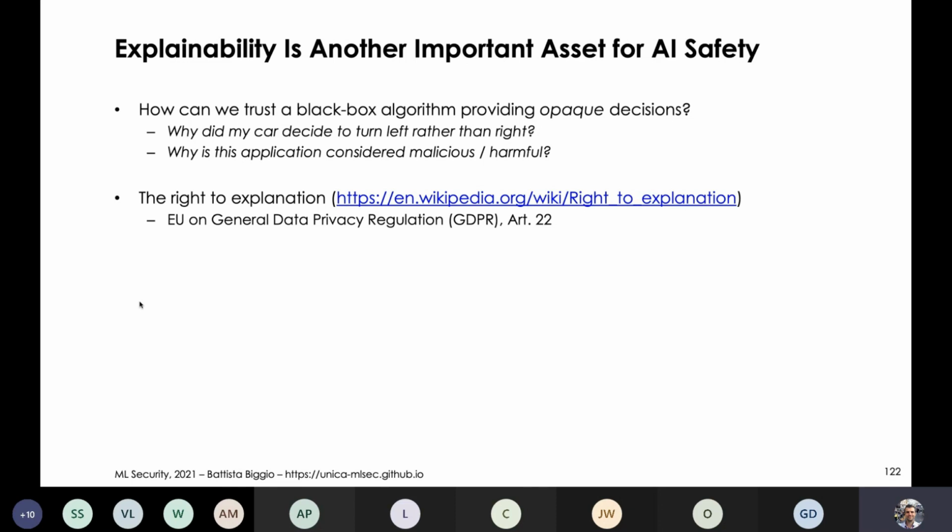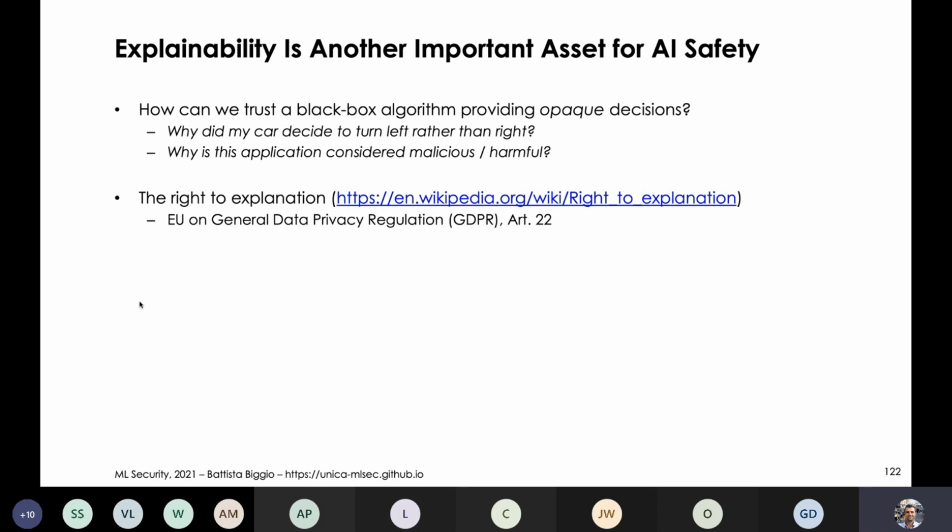And this basically says that all European citizens should be guaranteed to understand decisions by automated algorithms in a comprehensible form. That's the general statement that they have. Then how to implement this is another story, but at least this forces machine learning developers to try to open the black box and see why certain decisions are made.